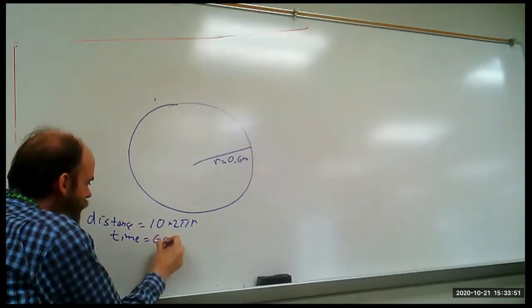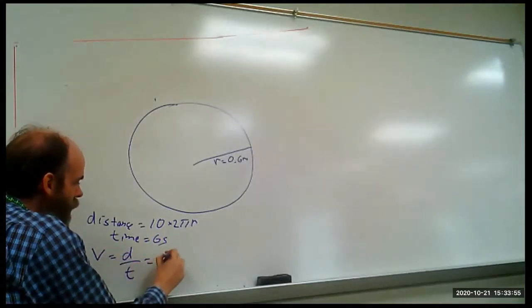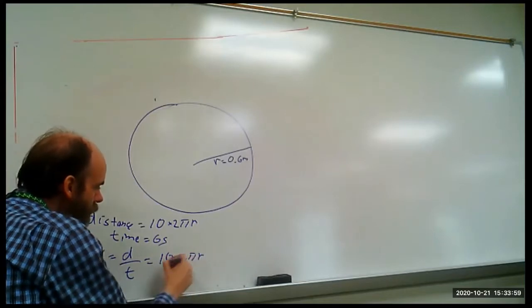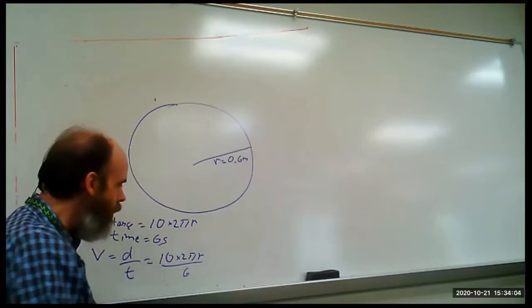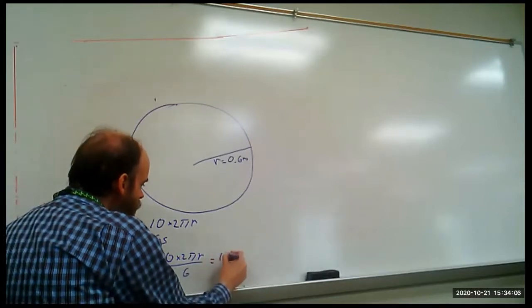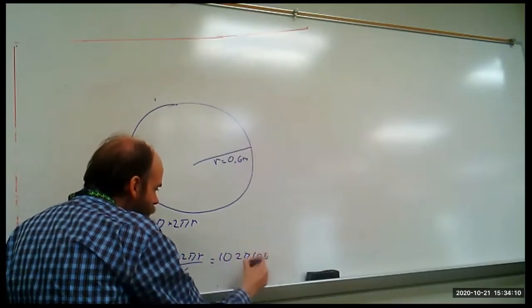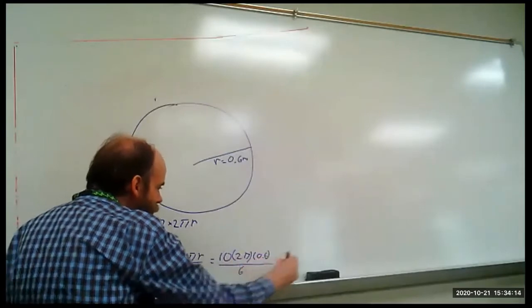Time equals 6 seconds. So the speed is distance over time, which is 10 times 2 pi r over 6. And let's put in what r is. R is 0.6. So it's 10 times 2 pi times 0.6, divided by 6.